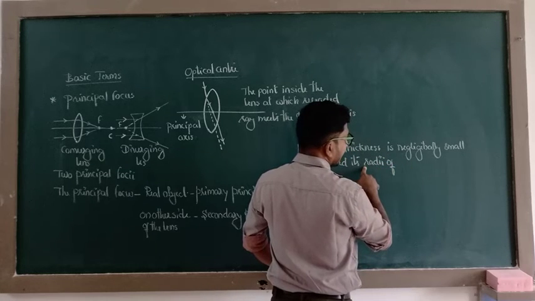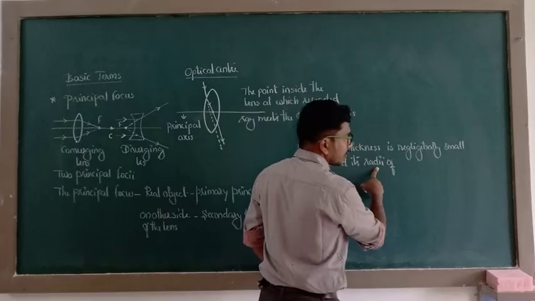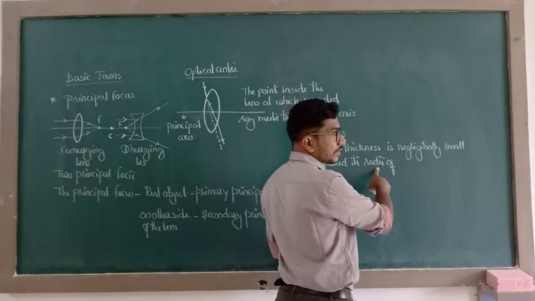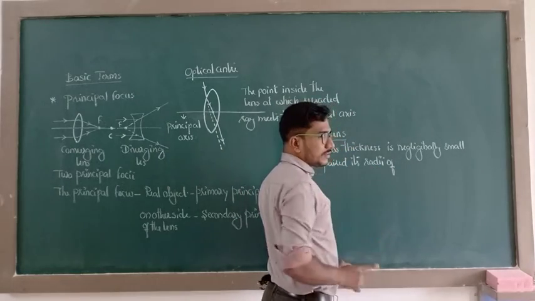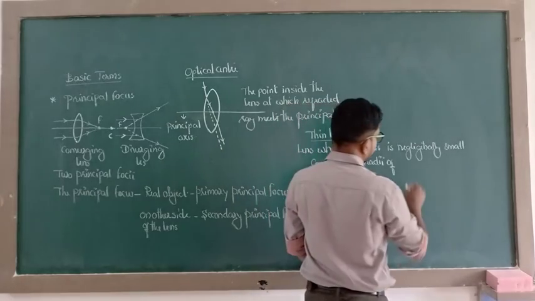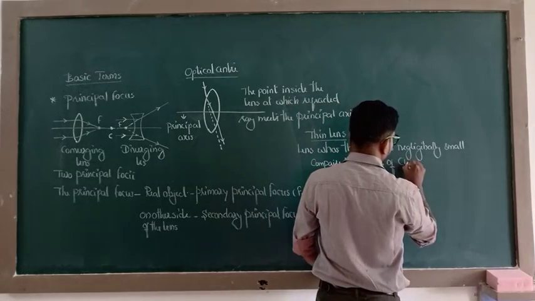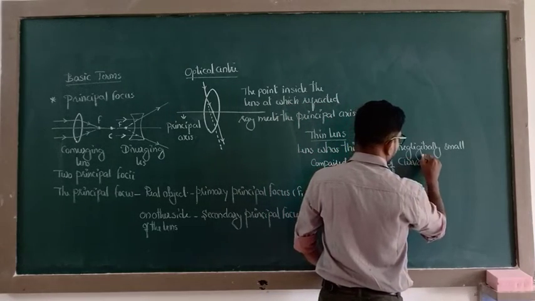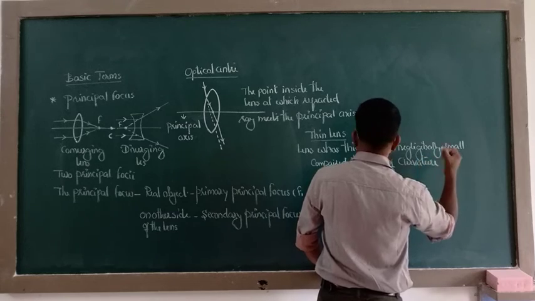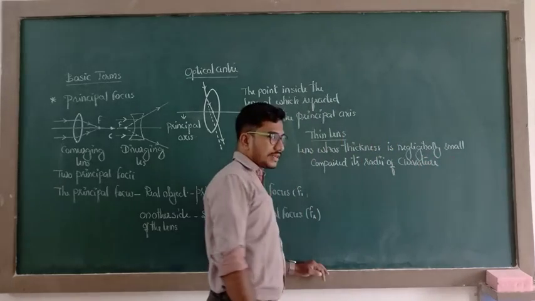Here radii is plural, not a single radius of curvature, because it is bounded by two surfaces. Then that lens is known as a thin lens.